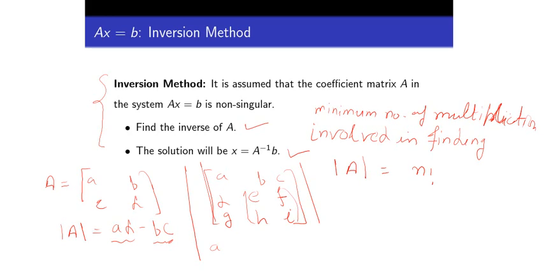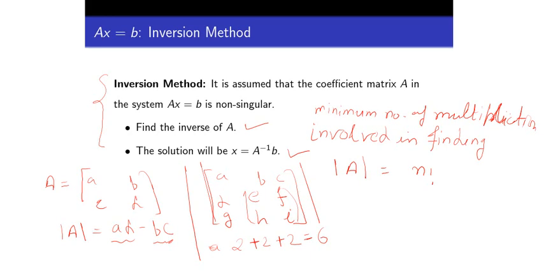So 3 minors of order 2 are obtained, each with at least 2 multiplications. So 2 plus 2 plus 2 is 6, that is 3 factorial.